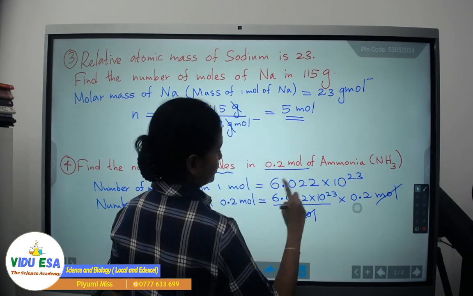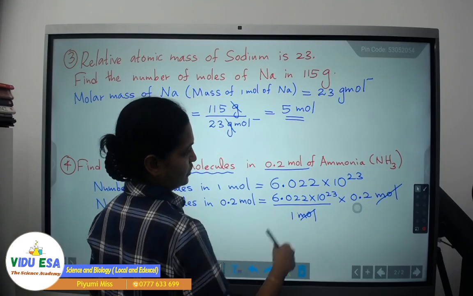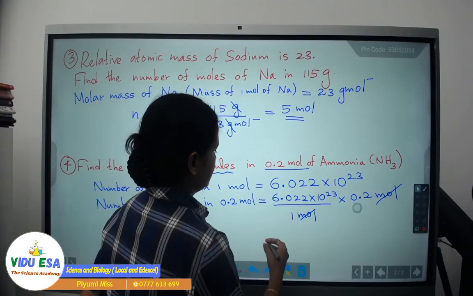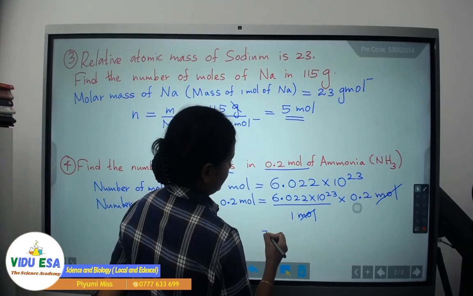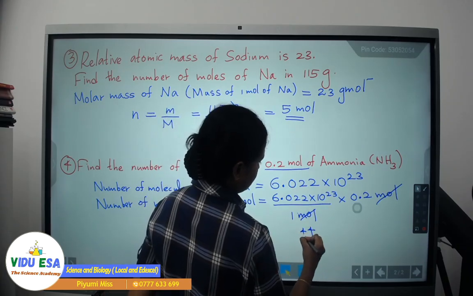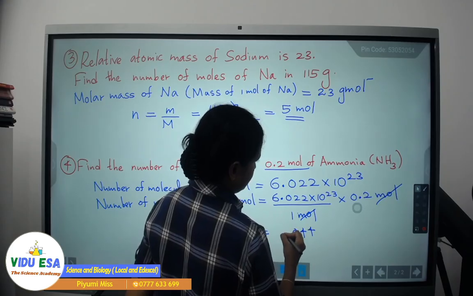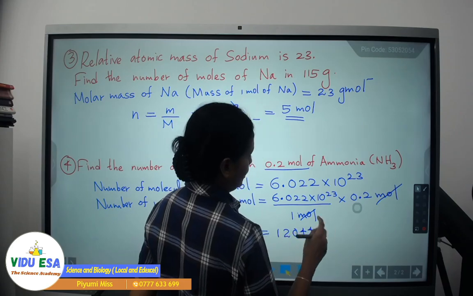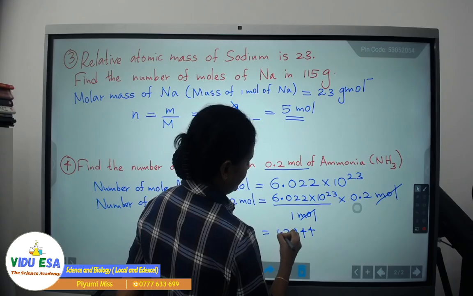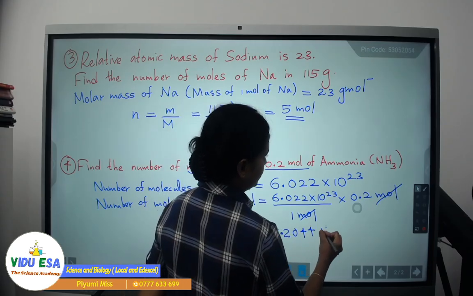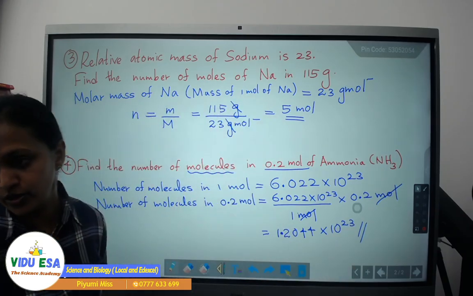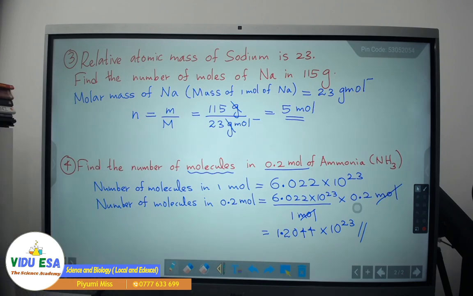Therefore, 6.022 into 10 to the power 23, Avogadro constant, multiplied by 0.2. Then we can multiply, and how many decimals? 1, 2, 3, 4 decimals. And now 1.2044 into 10 to the power 23.